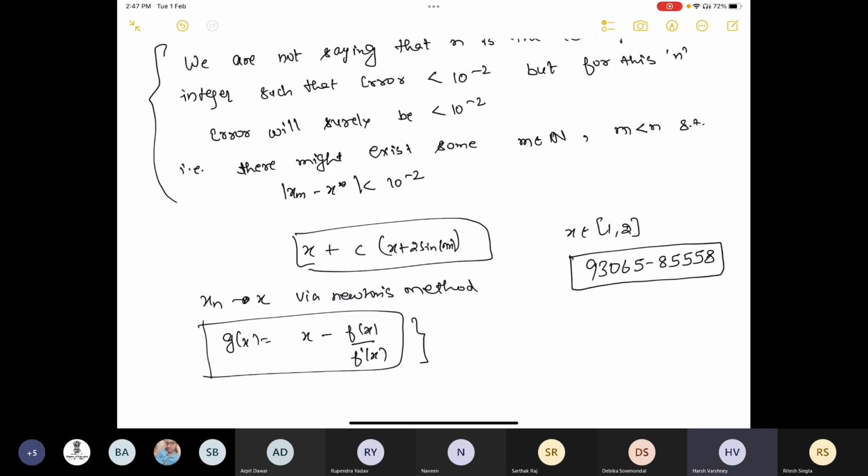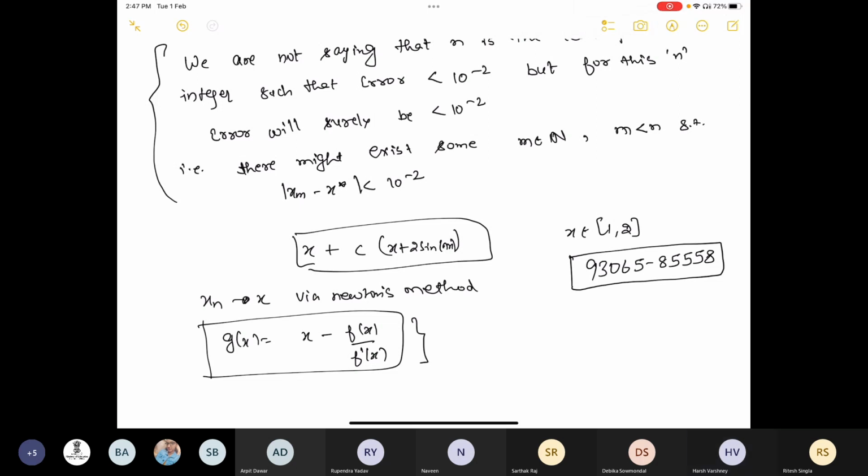So I thought we have to find the function such that the image of that function should also be contained in that interval. If I am choosing some x node, g of x1 should be in that interval only and g of x2 should be in that interval only. That's what you're saying? Yes, sir.